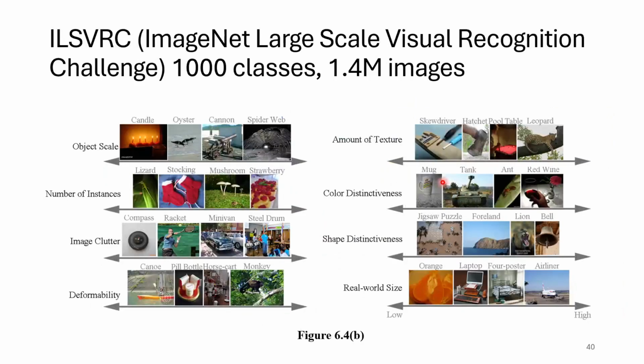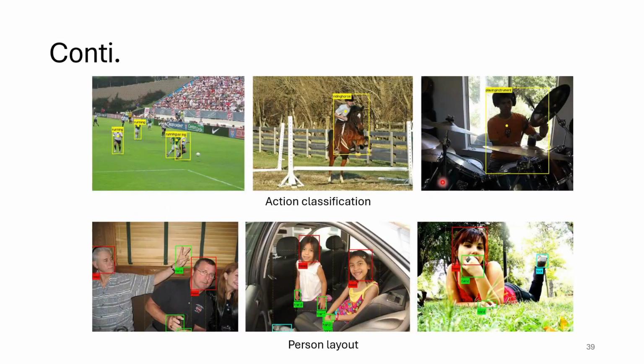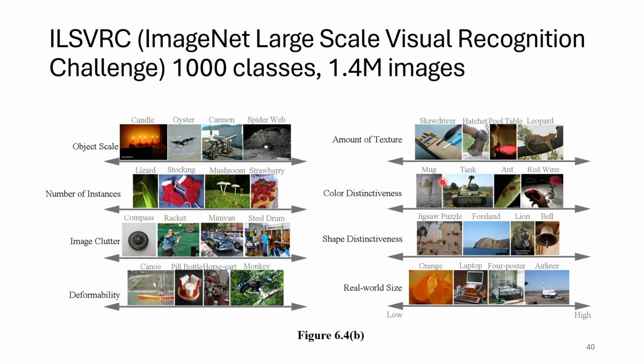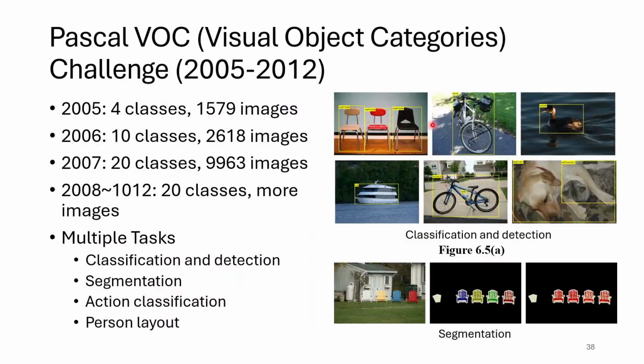Therefore, to memorialize him, the ECCV conference every 2 years gives an award using his name to teams or researchers who contributed to the image recognition problem. You can see the challenge stopped in 2012.